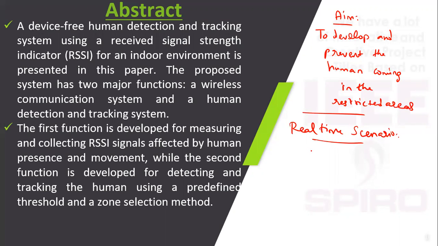There will be CCTV, but if any third person comes near, we don't get an alert. After the money theft, only at that time do we check the CCTV and look for the theft person. But this method will overcome that.